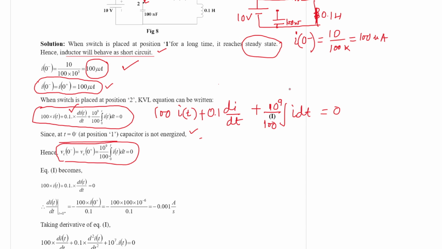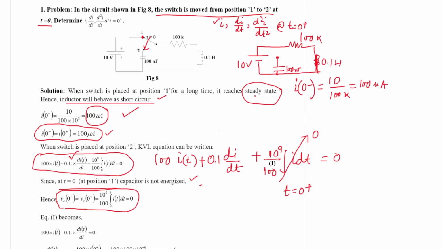I repeat why this is 0: initially, when the switch is at position 1, the capacitor is isolated.